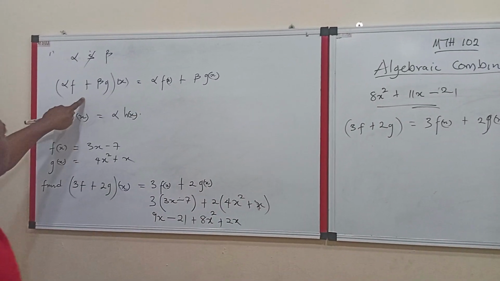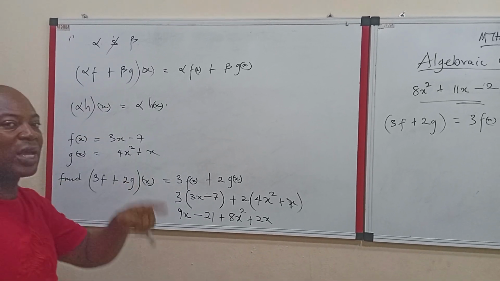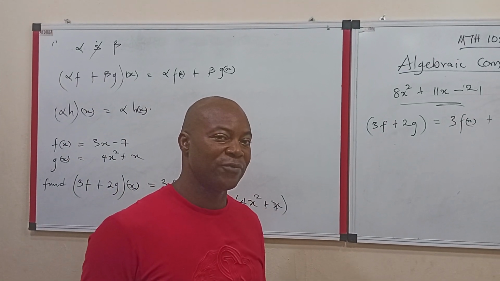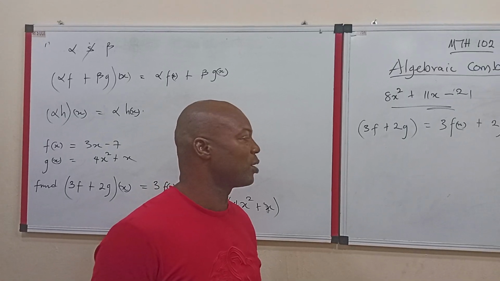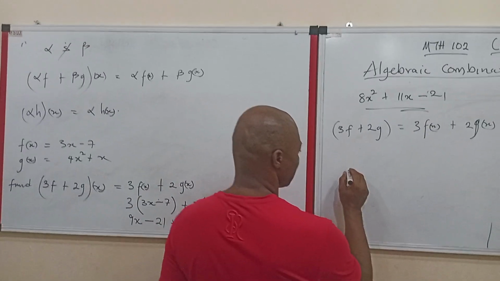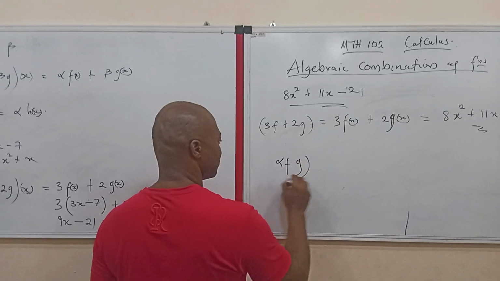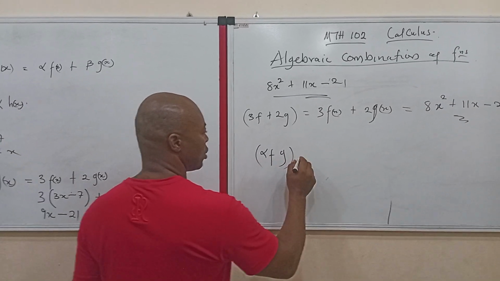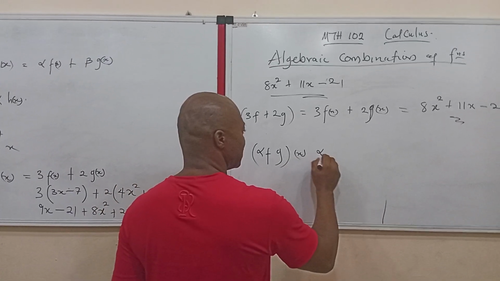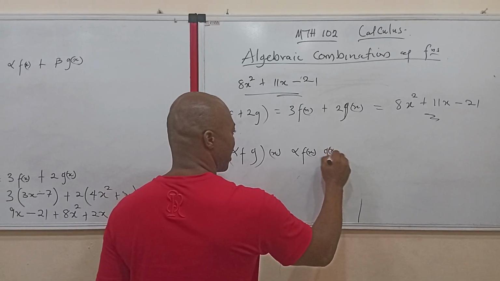Now, even if it's not addition, we can also combine scalars with the functions for the multiplication of functions. Scalars can also still be added. How do I mean? You can still have alpha of f g, all of x, which is the same thing as alpha of f of x times g of x.